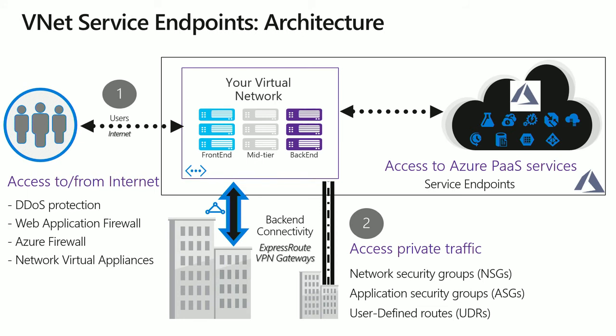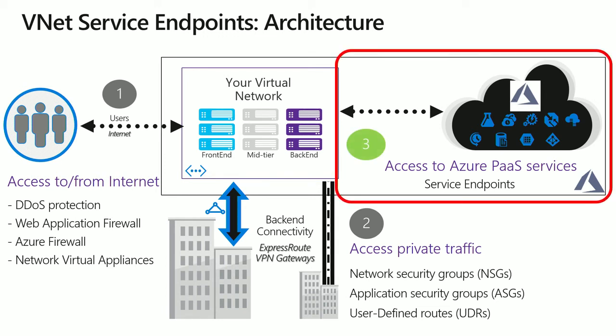This is NSGs, ASGs, UDRs, every TLA you can possibly imagine now. But anyways, we're coming in now ExpressRoute, private link into our VNet. So this is high speed, highly secure access from on-prem systems into your virtual network. And then last but not least here, the third aspect is the VNet service endpoint, which is the link to your virtual network and the ability to have access across all the different Azure PaaS services, which SQL Data Warehouse is one of those.